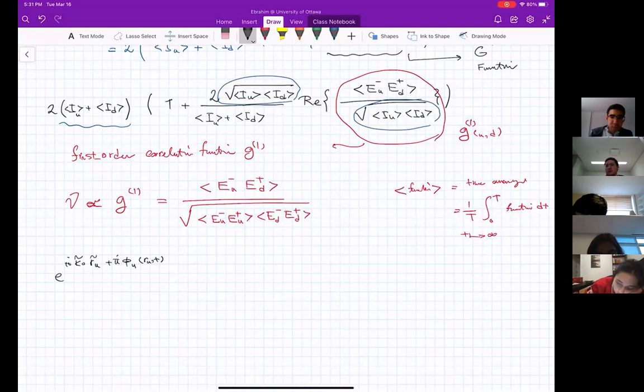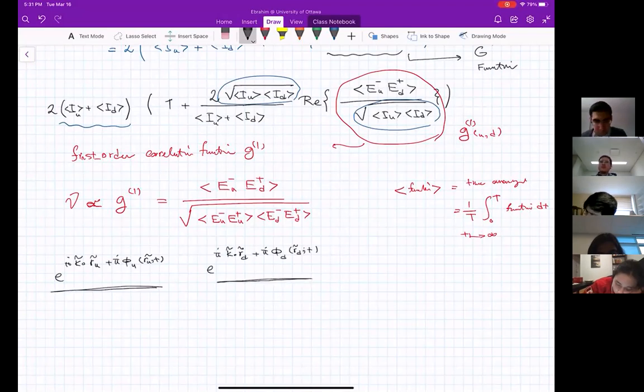For the photon coming from the down port, the same scenario: e to the power of i k dot r_D plus i phi_D of r_D and t. Remember, what I have written here is related to the positive part of the frequency.